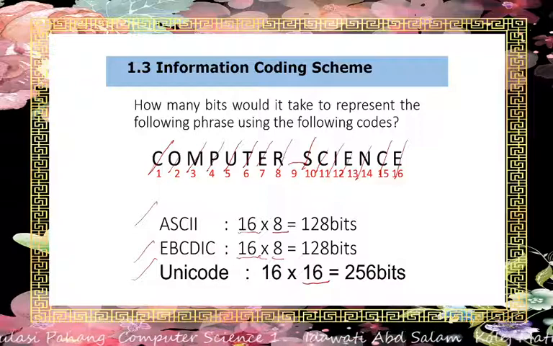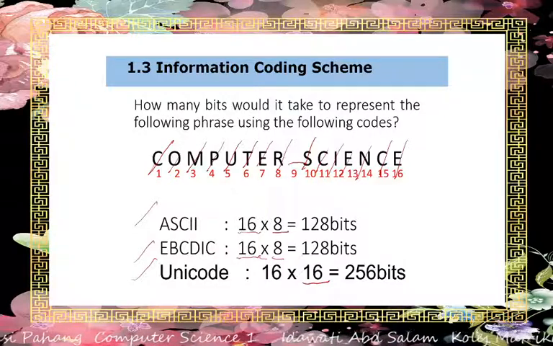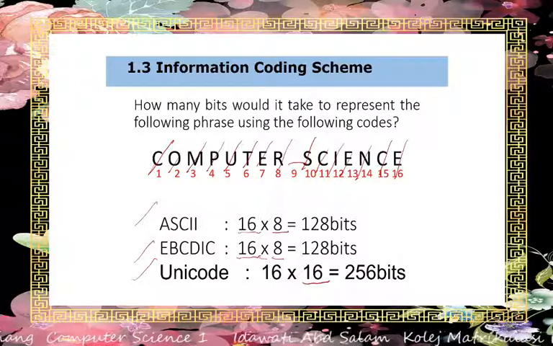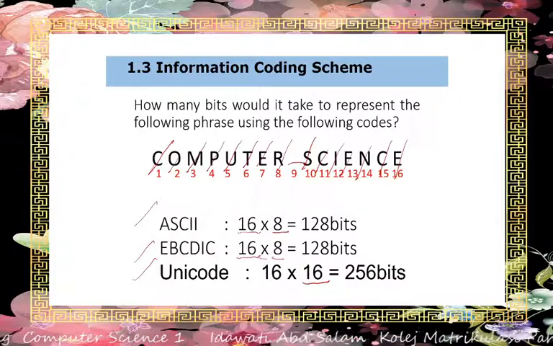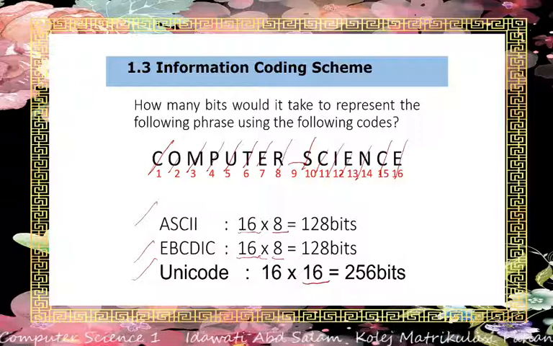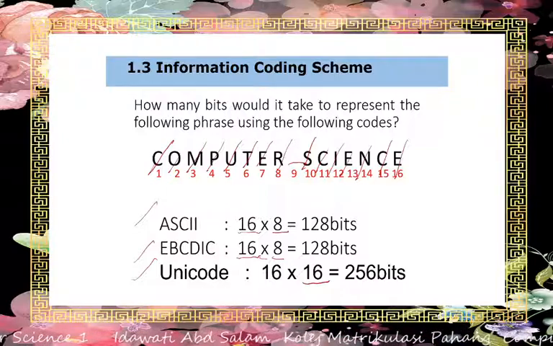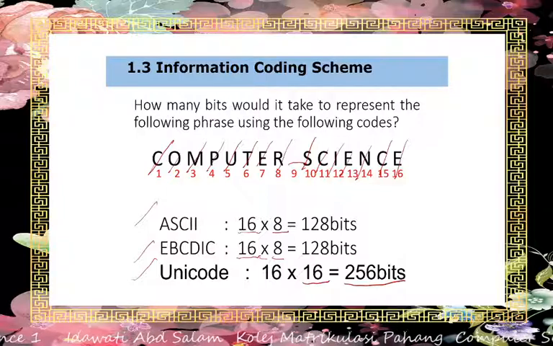So these 16 characters we will multiply by 16, so that we will have 256 bits in Unicode information coding scheme.